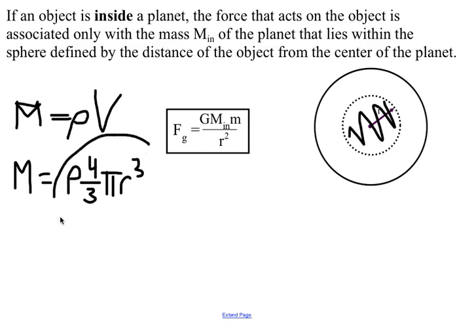If we take this value and we plug it in here for the mass of the shaded area, you see that the r squares cancel out.